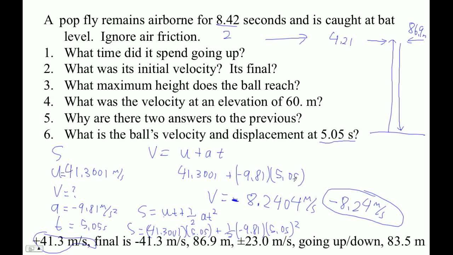So 41.3001 times 5.05 minus 0.5 times 9.81 times 5.05 squared. And I get 83.5 meters, 83.47 or something like that.